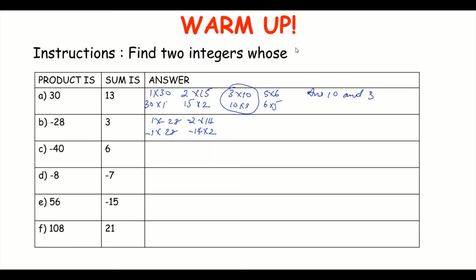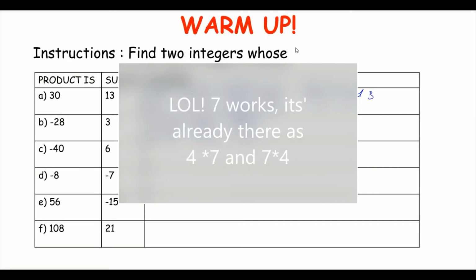We have 4 times 7 gives us 28, but we want negative 28, so it's negative 4 times 7, or negative 7 times 4. 5 won't work, 6, 7, 8, 9, and 10 won't work.